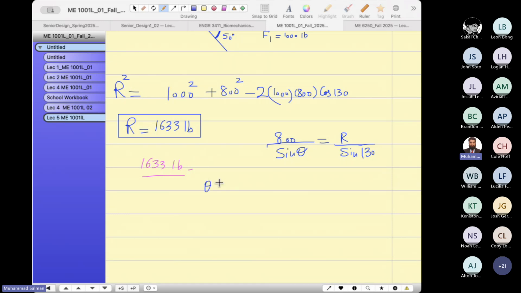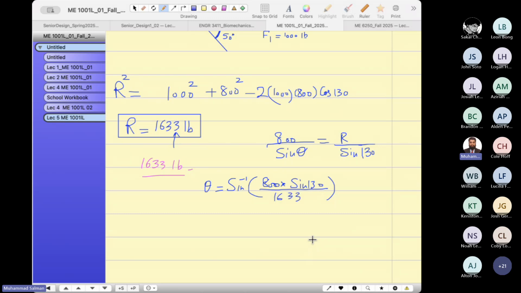I'm going to write theta equals sine inverse of 800 times sine 130 divided by R, which is 1633.